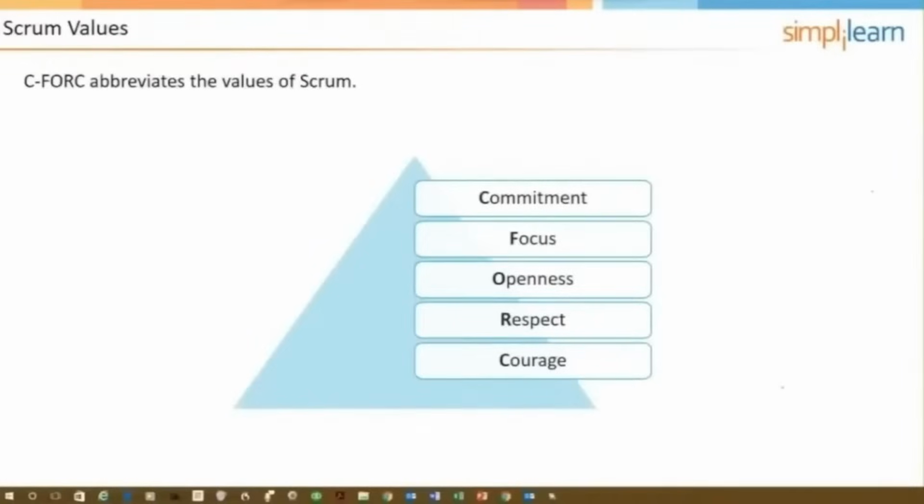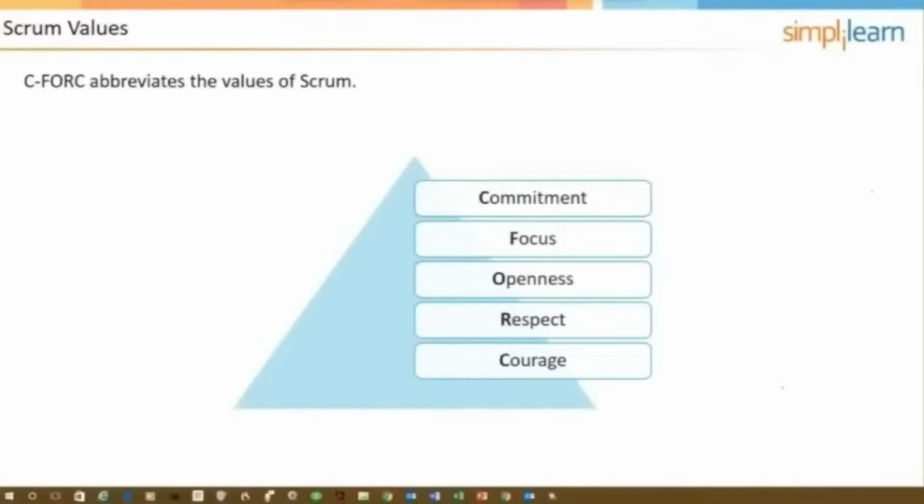They're on board, there's the buy-in, all of that's there. Focus, the team is going to focus on the few important things at a time. So we're going to do time boxing. We're not going to do things broadly, specifically focus on a few things at a time.